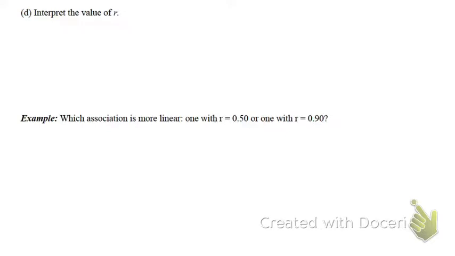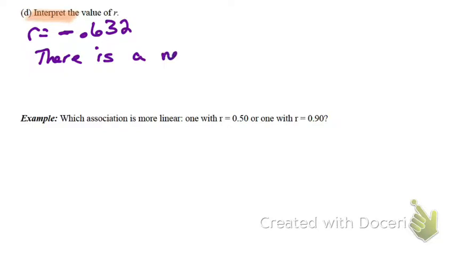Interpret R. You guys know what it means when you say the word interpret? It means write a sentence. All right, what does R equal, by the way? Okay, cool. Here's how we interpret R. First we're going to say direction. What direction is it? Negative.